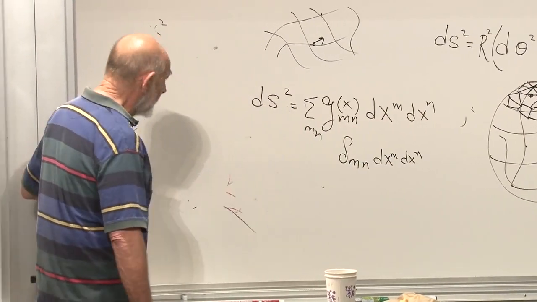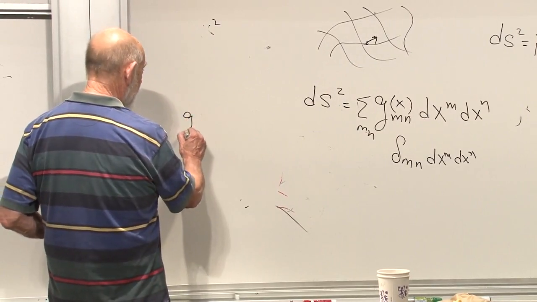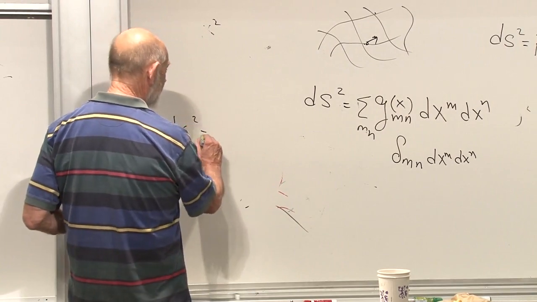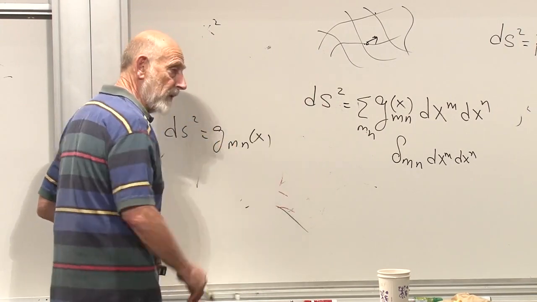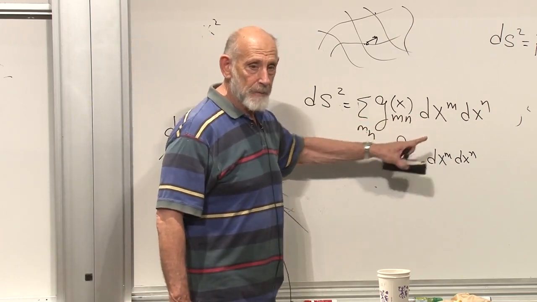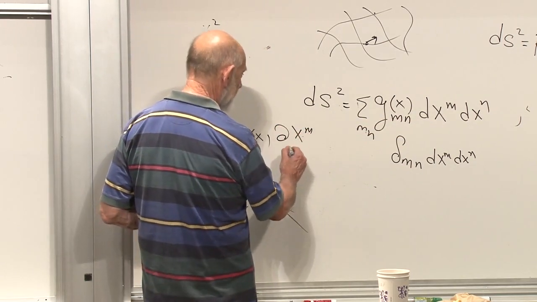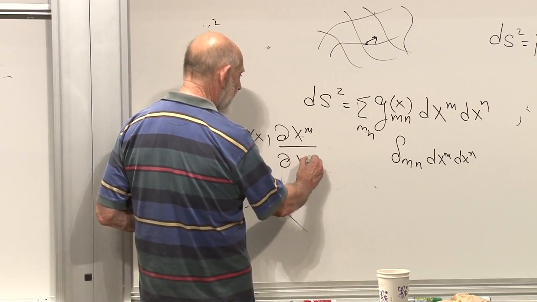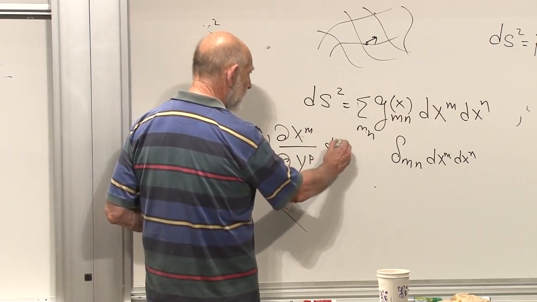All we have to do is write that ds squared is equal to g_{mn}(x) dx^m dx^n. I'm simply rewriting what I have here. But then what is dx^m in terms of y's? It's partial of x^m with respect to y^p, let's say, times dy^p.